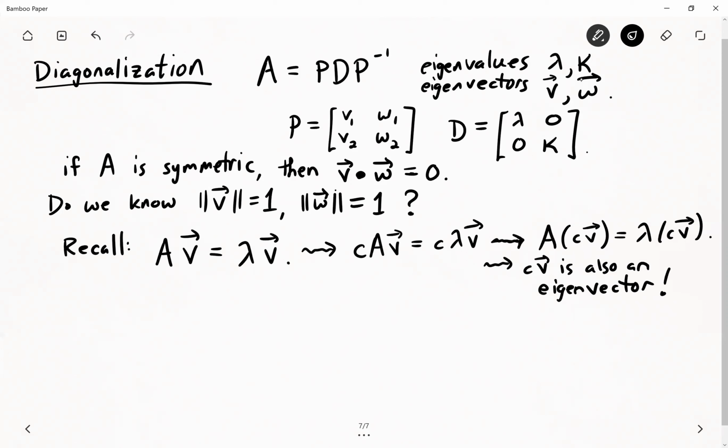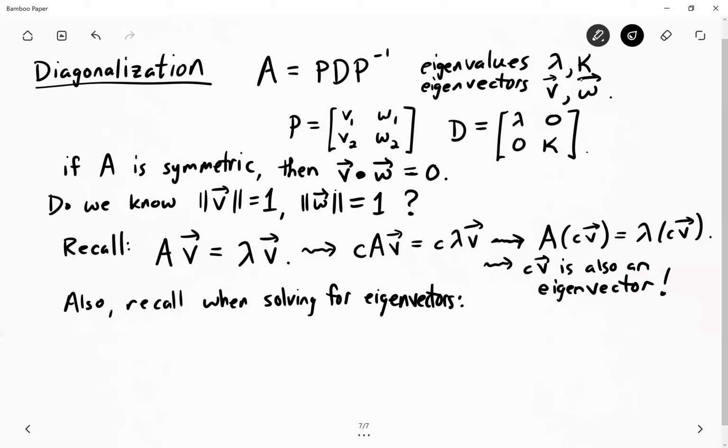There's another way to think about this as well. When we're solving for eigenvectors, remember we had a free variable, and we could put in any number that we wanted there. Also, let's recall that when solving for eigenvectors, we would always have a redundant system of equations.